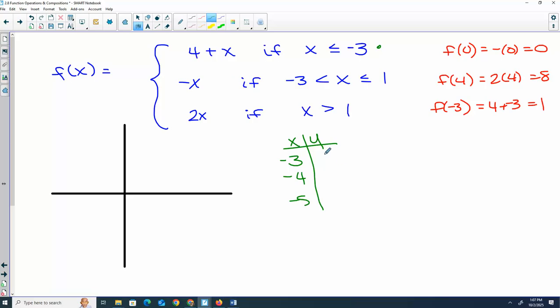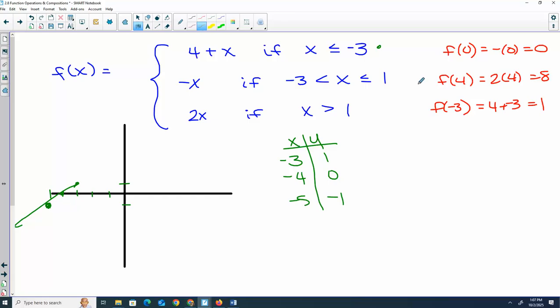So if I put in negative 3, I get 1, 0, negative 1. Remember, it started at negative 3 and it was for everything less, so this line, pretend I hit my point there, just went to the left.